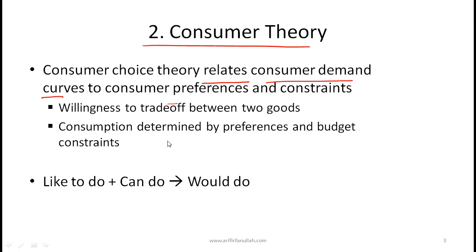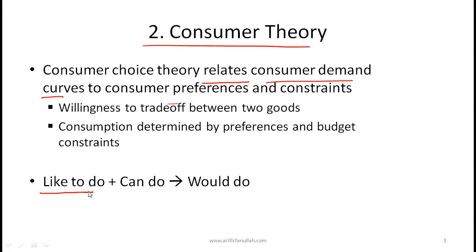Okay, so this whole theory that we are going to talk about is going to be an elaborate derivation of the consumer demand curve. Earlier we talked about the fact that the demand curve is downward sloping, but why is it downward sloping? Today we are going to get into the depth of that. In other words, what we are going to look at is things that consumers like to do. Most consumers would like more and more of everything.